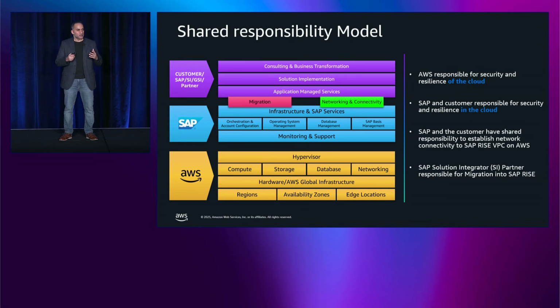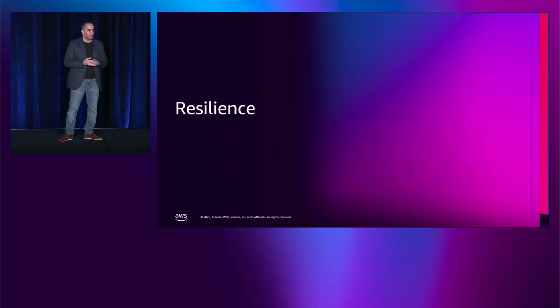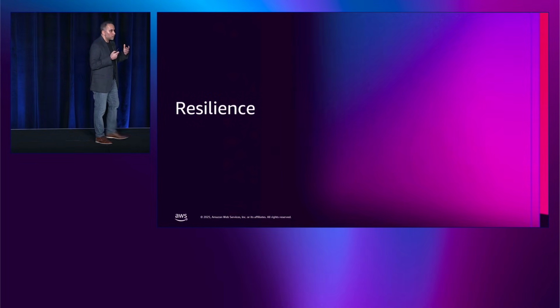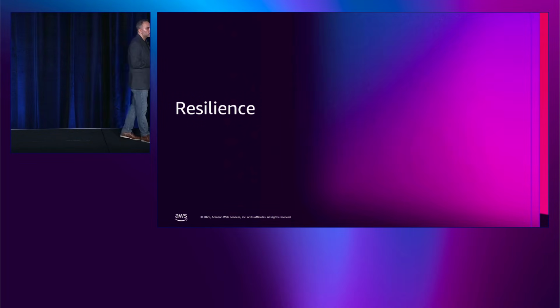With this clear demarcation of responsibilities and roles, everyone is aware of their responsibilities, which helps to ensure critical migration paths and journeys. Now, with connectivity established and operating model clear, let's take a look at AWS resilience capabilities for the SAP Rise environment.